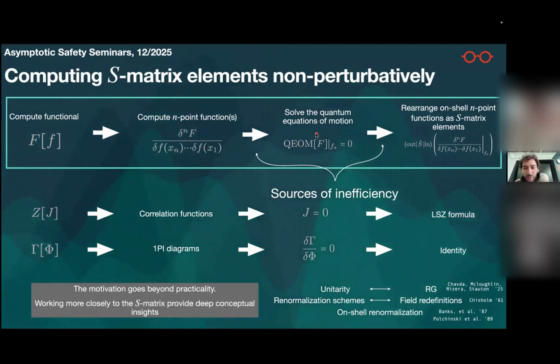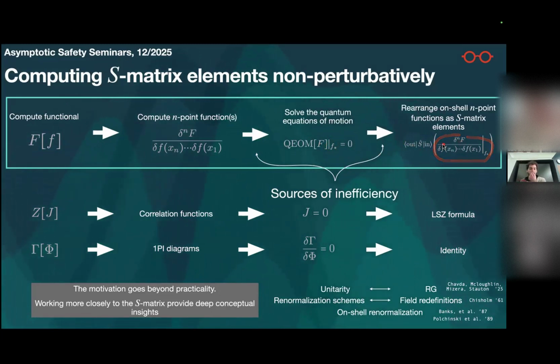In the next step, I need to solve the so-called quantum equations of motion associated to my functional F. So this is some equation that looks like this, and I'm basically looking for some field configurations f star that satisfy this equation. And in the final step, I need to write my S-matrix elements as functions of my correlators.